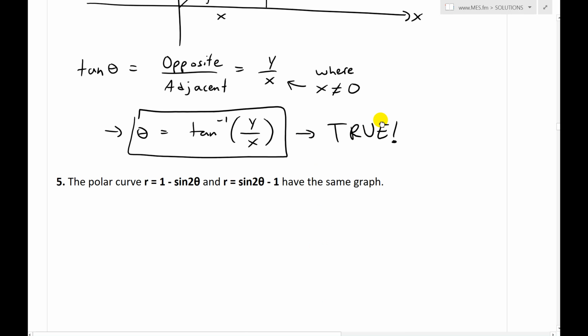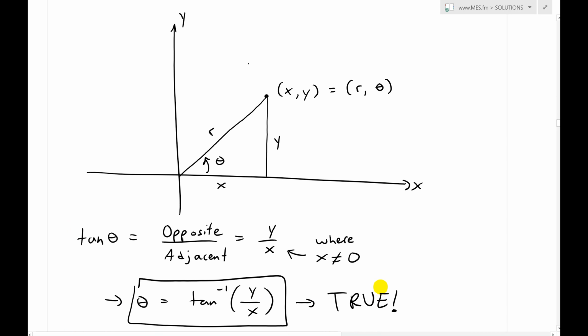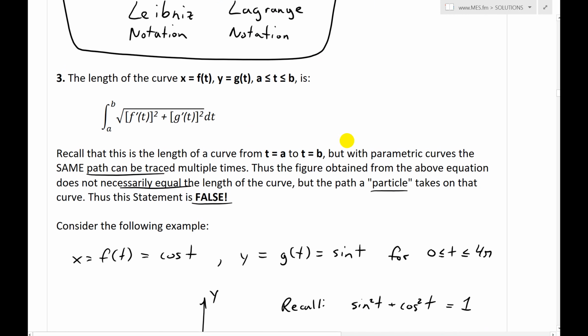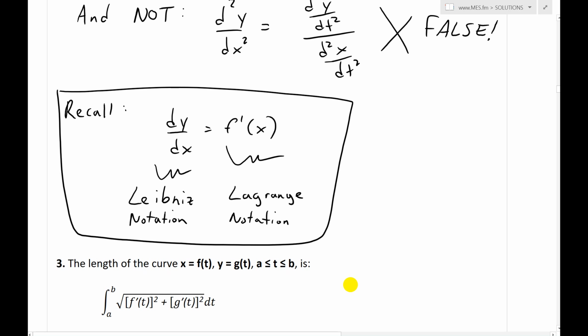Very interesting stuff. And now before I get to question 5, I just want to go back and write another note on the Leibniz and Lagrange notation. If you have something bigger, like the second derivative, this would be in Leibniz notation d squared y over dx squared, and it's the same thing as writing f double prime of x.